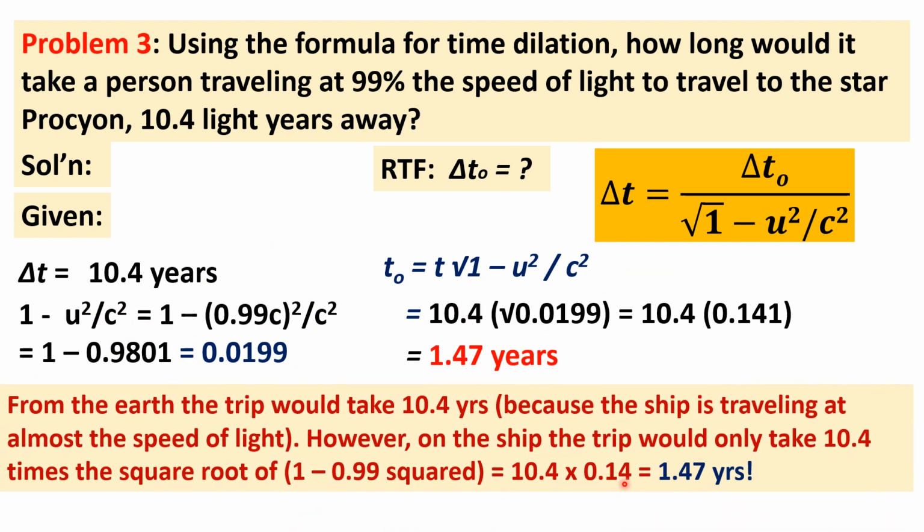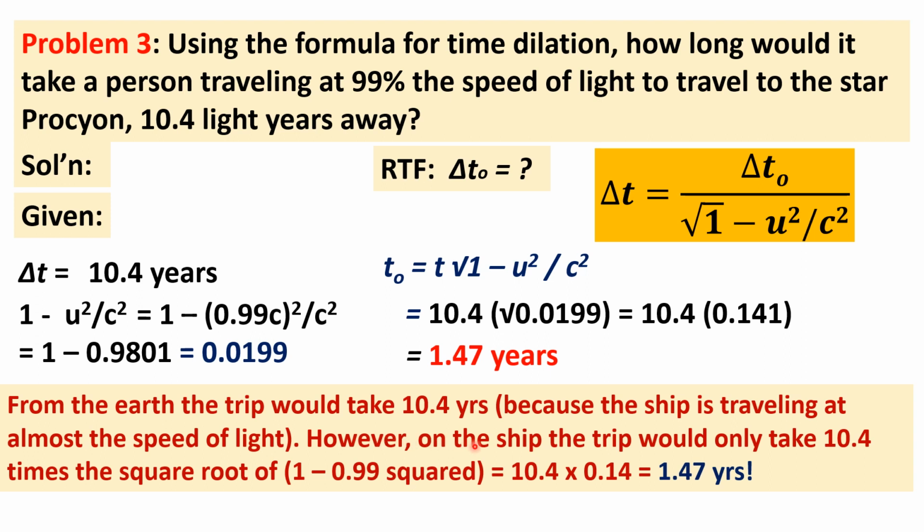So we summarize. From the Earth, the trip would take 10.4 years, because the ship is traveling at almost the speed of light. In other words, the relativistic time formula is applicable in this situation.